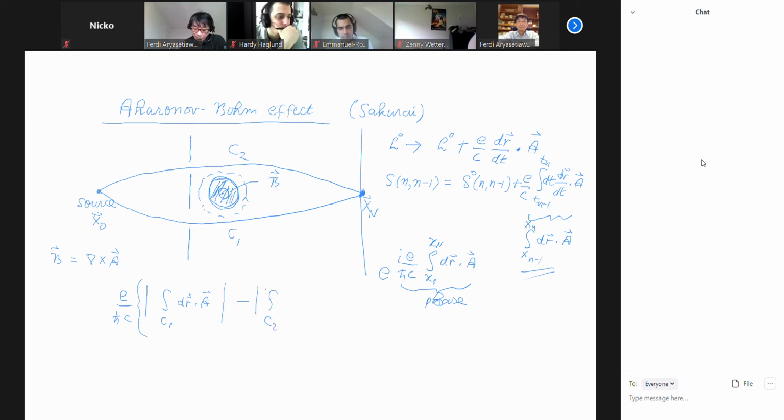This comes from the interference effect because we are looking at the probability. So we take the square of the propagator. When we sum two terms, we will get an interference term. This is the interference term here.